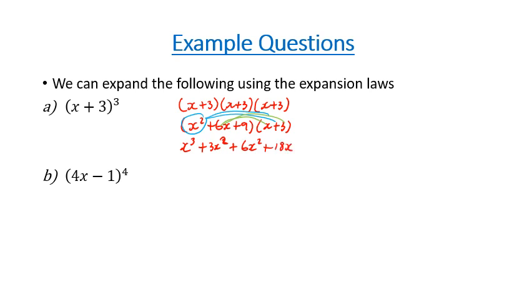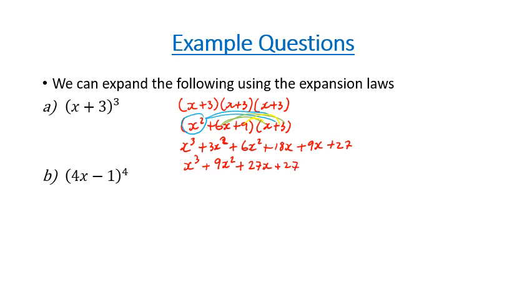And then I've got the 9 that I can multiply by the x, 9x, and 27. I can now collect my like terms, and I end up with x to the power of 3 plus 9x squared plus 27x plus 27.